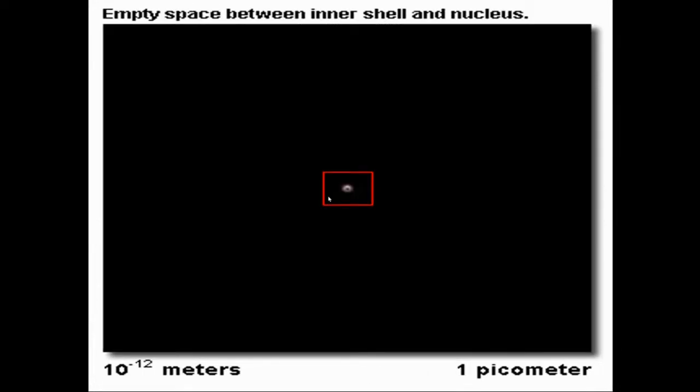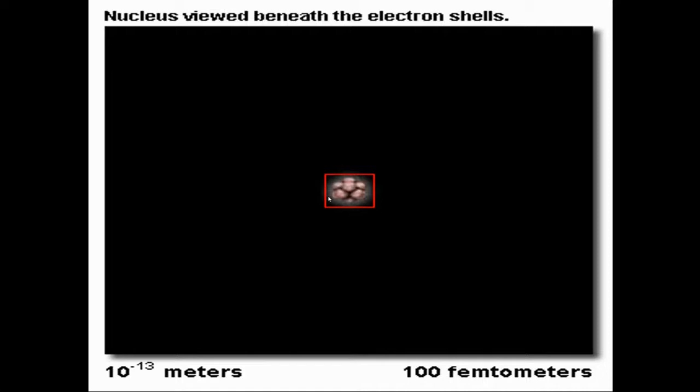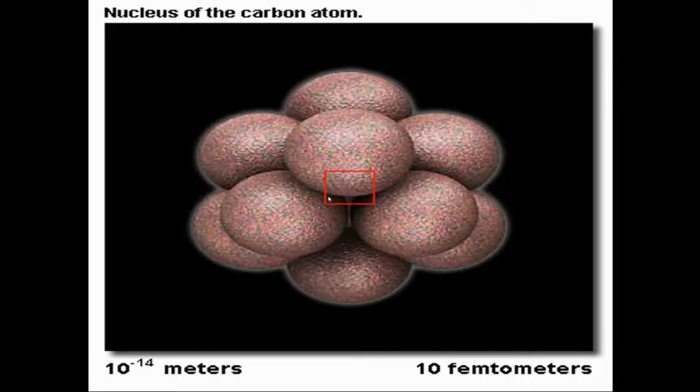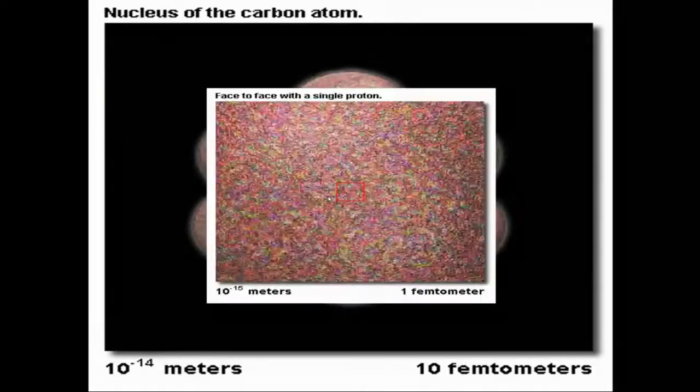But now you can see the nucleus that we have inside the carbon atom at 10 raised to the power minus 13, which we call 100 femtometers here. You can basically see some particles inside the nucleus. At 10 raised to the power minus 14, you can see the nucleus of the carbon atom, which basically contains 6 protons and 6 neutrons.